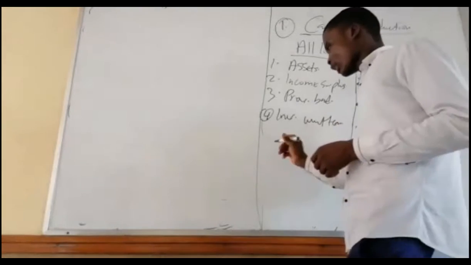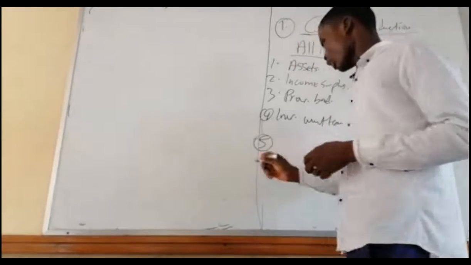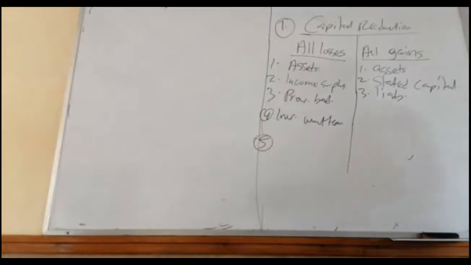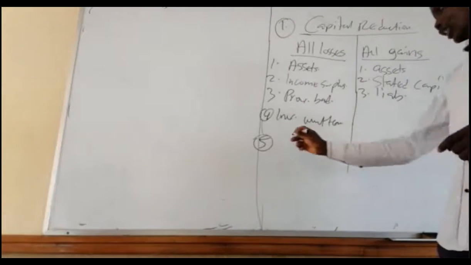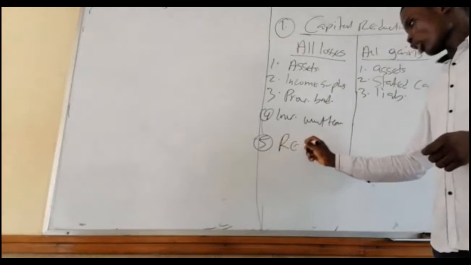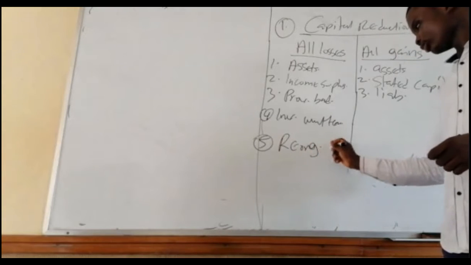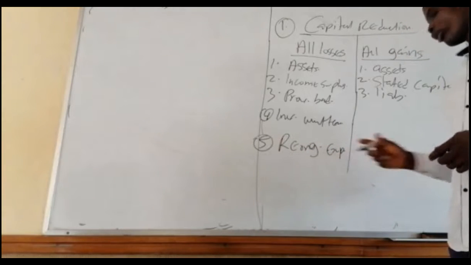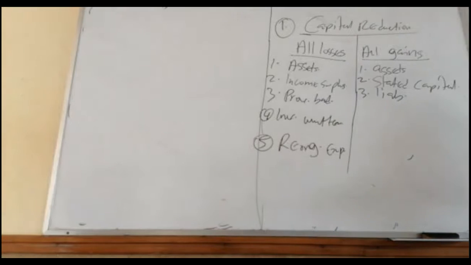Inventory written down. Then the last one I'll give you is reorganization expenses. So these are basically the items that will go into the capital reduction account.